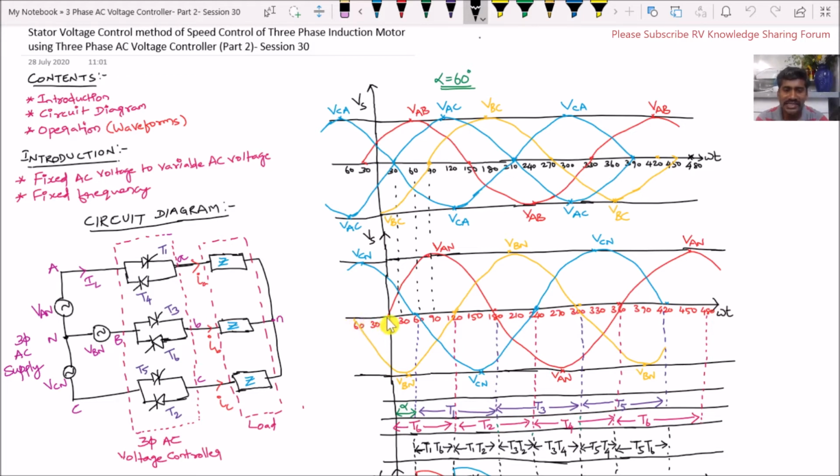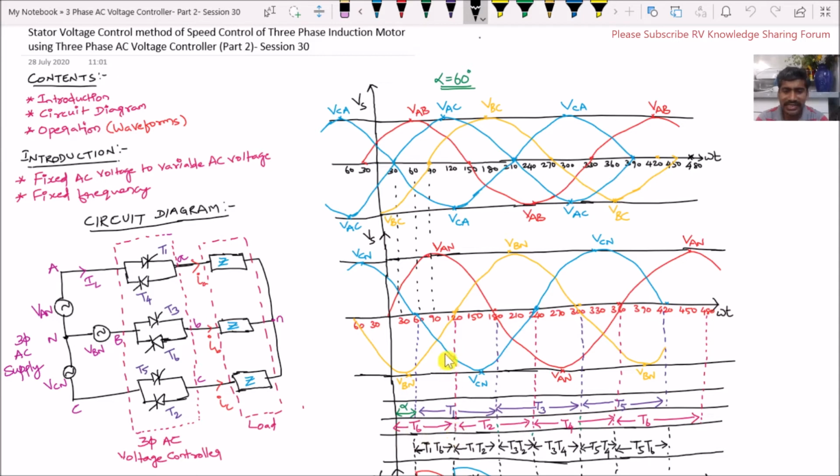That means 0 degrees. Therefore, our thyristor T6 starts conducting at 0 degrees. From here it has to conduct for a period of 120 degrees, so it stops its conduction at 120 degrees. The thyristor T6, connected to the negative half cycle of VBN, conducts from 0 degrees up to 120 degrees.